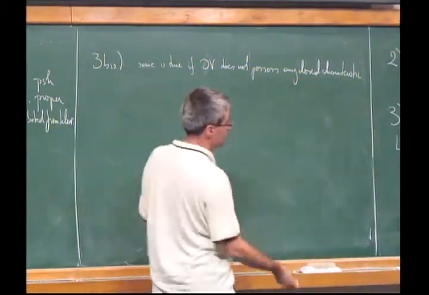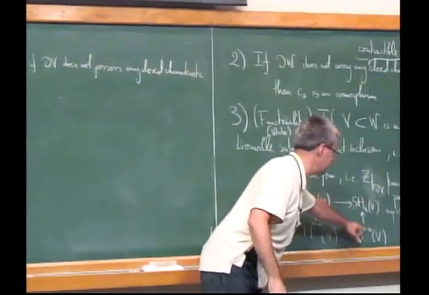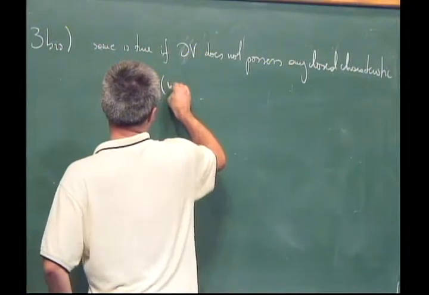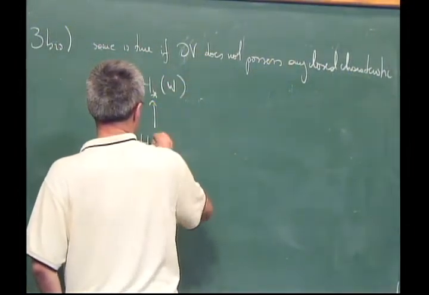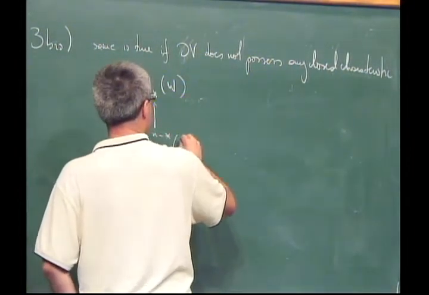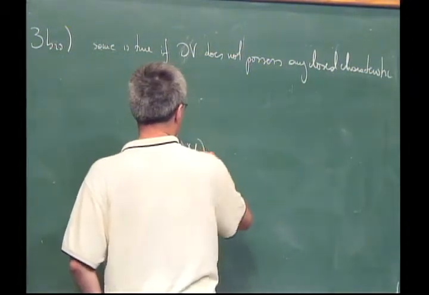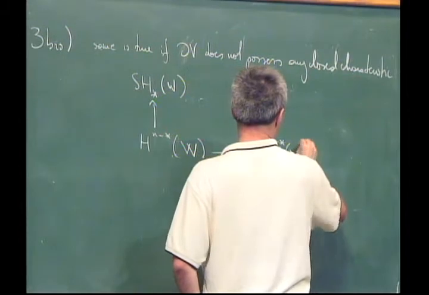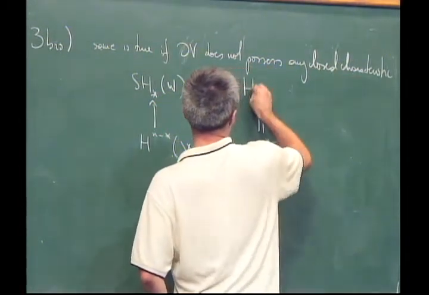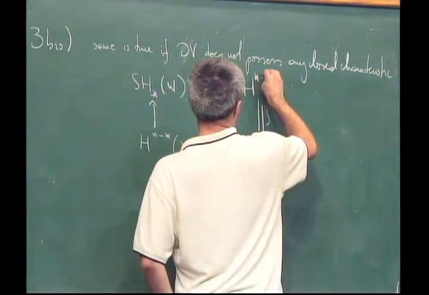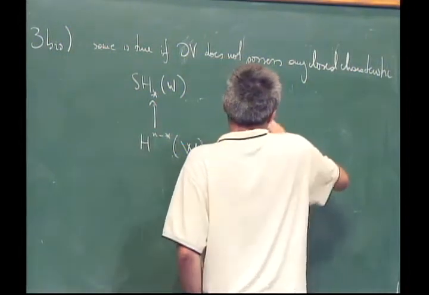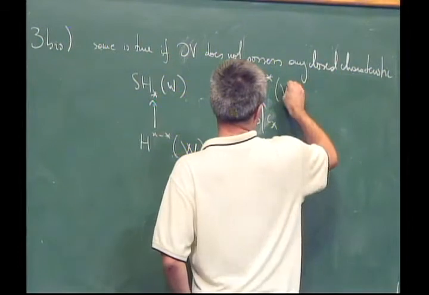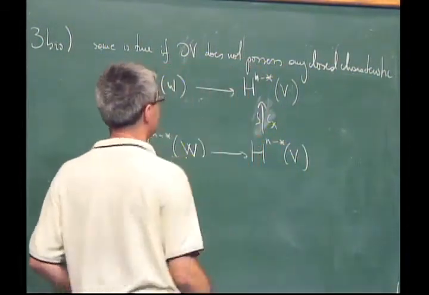Except that in that case, you know what this term is, and that map is going to be the identity. Maybe I should write C star, which is an isomorphism. And you have this commutative diagram.